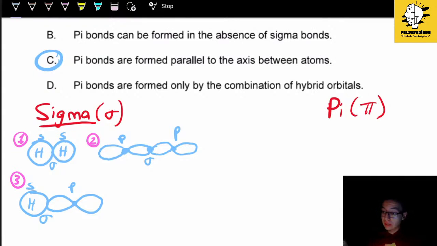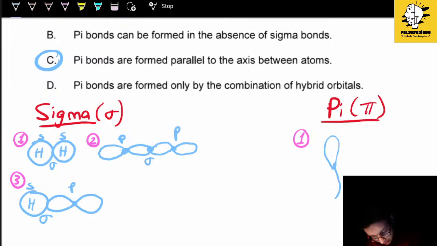And about the pi bonds, this is sideway overlapping, and this can occur only between p and p orbitals. So p and p orbitals, let's say this is also a case, and this will be a sideway overlapping.